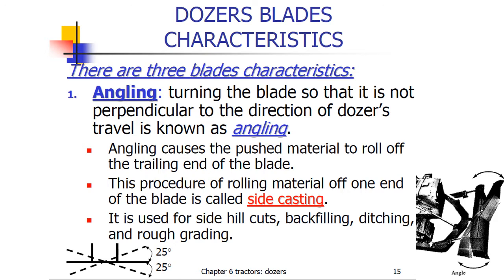Looking down, this is plus 25 and minus 25 degrees. This is a top view of the blade. Angling is the rotation about the vertical axis. This is very good for side casting, when you are doing side hill cuts, backfilling, ditching, and rough grading.